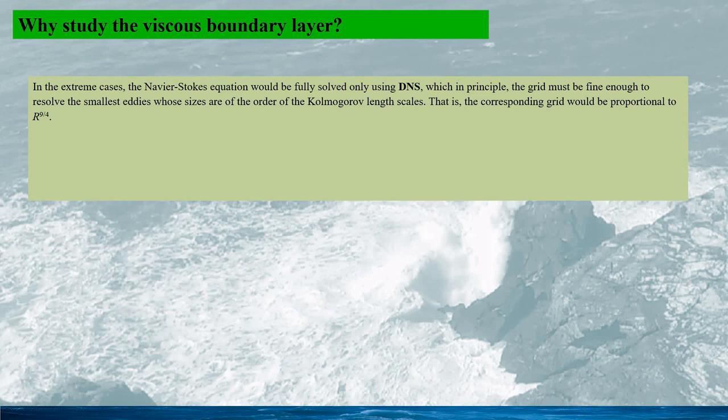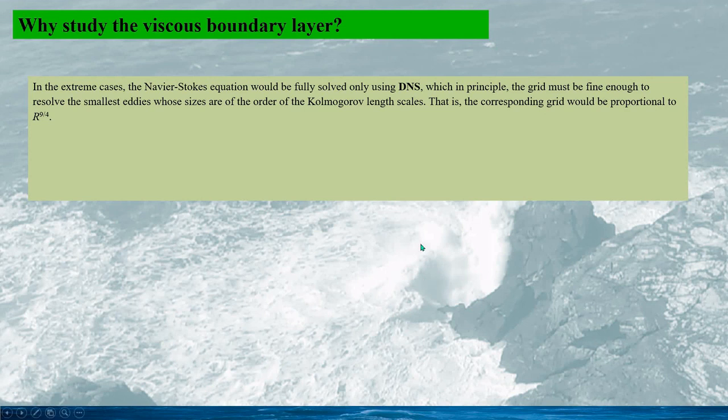Why do we need to study the viscous boundary layer? In principle, the full solution to the Navier-Stokes equation would only use direct numerical simulation, DNS, which would resolve all eddies from the largest to the Kolmogorov length scales.